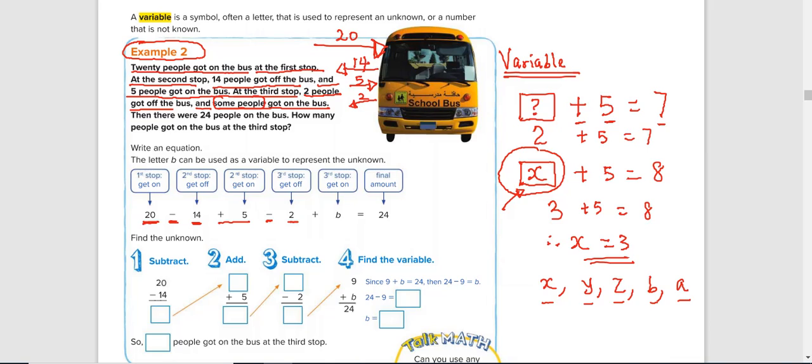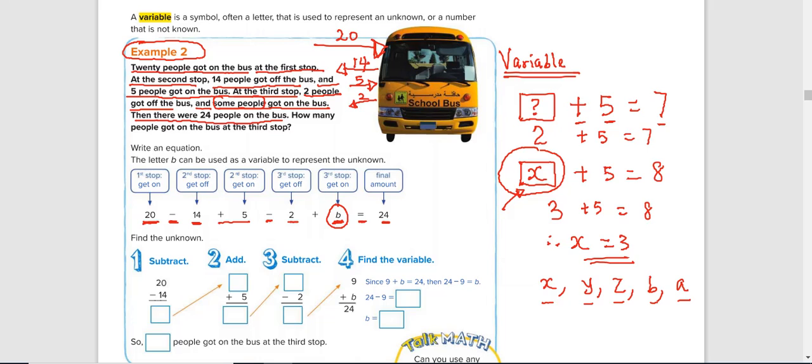So the best thing here is to use a variable to represent that some. So in this case, we have used b. Okay, now we have, then there were 24 people on the bus. So in total, what we have left is 24 people in the bus. So that's why we put equals to 24.